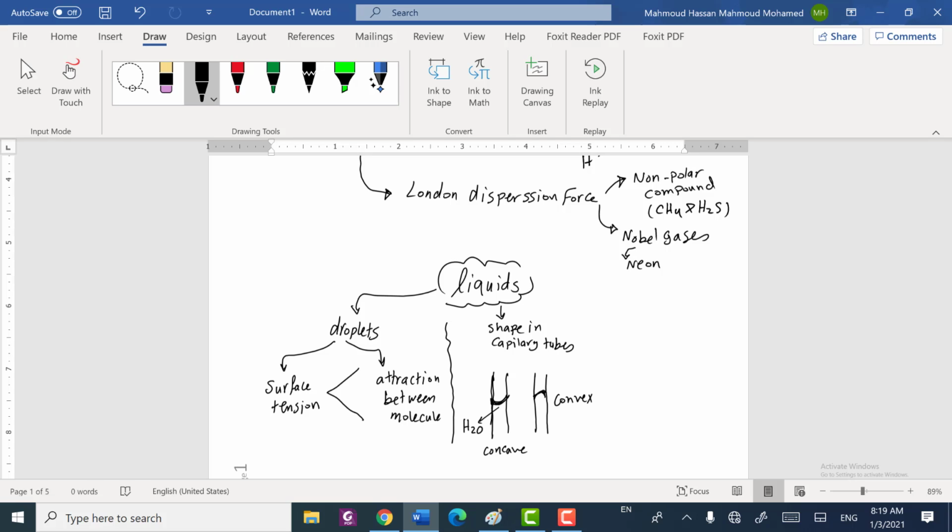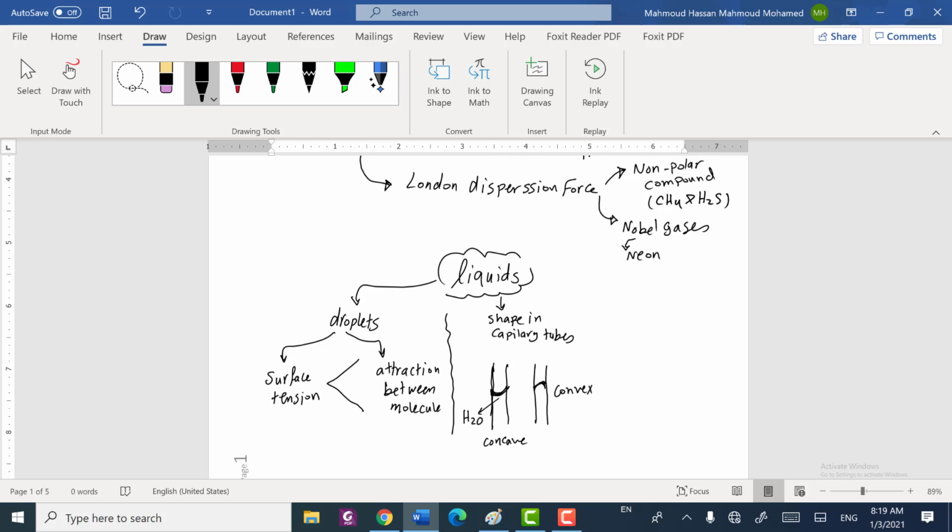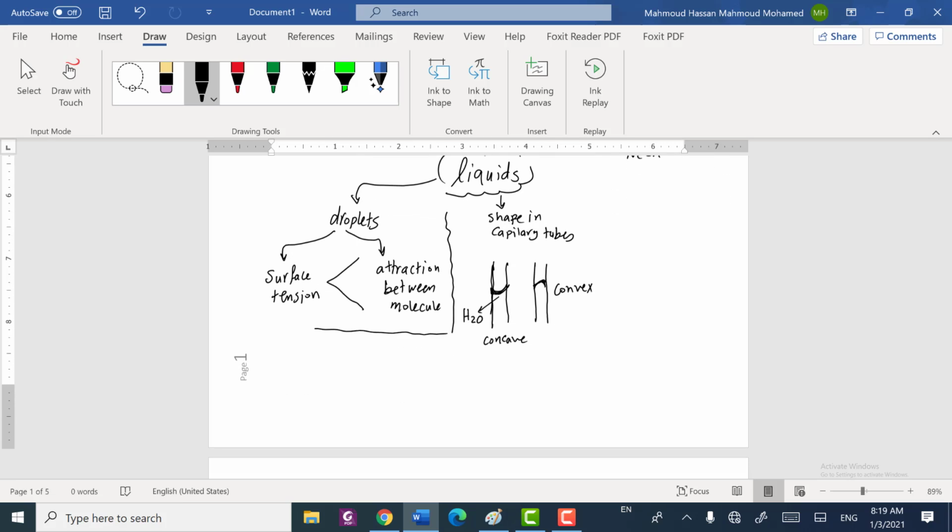It is related to two forces called adhesion and cohesion. Adhesion means attraction to the surface. Cohesion means attraction to each other.